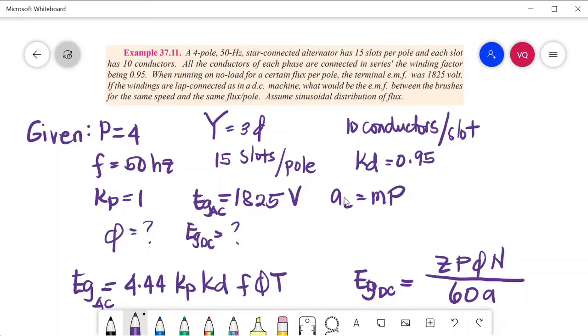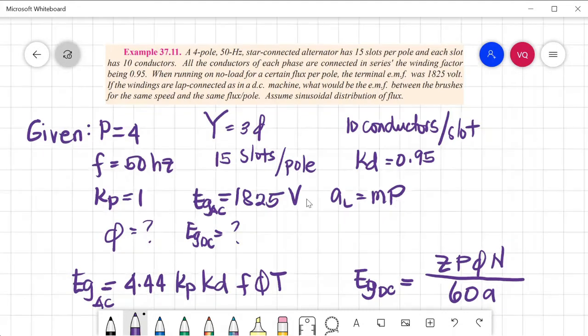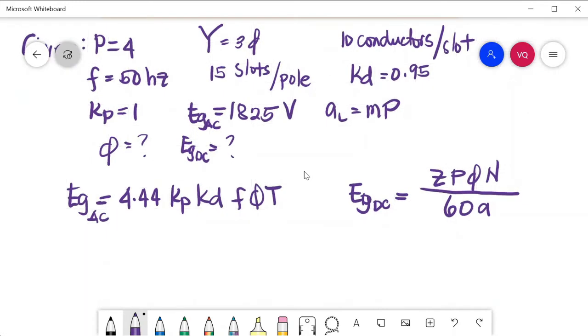We have in DC, we will calculate the generated voltage when your windings are lap. So remember, in your DC generator, lap winding A is equal to multiplicity multiplied by the number of poles. So this is our working equation.